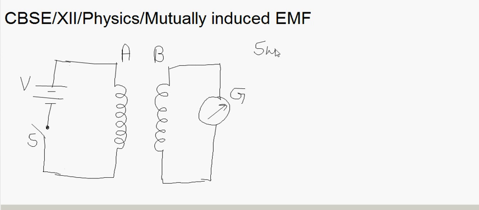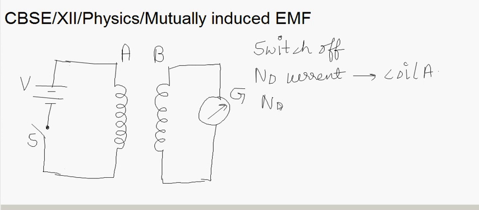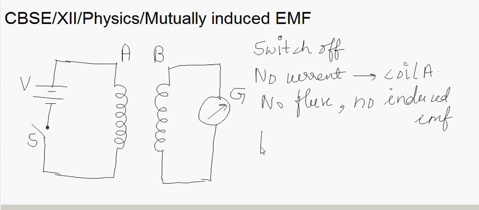So you can write that when the switch is off, no current flows through coil A, no flux, no induced EMF, no current in coil B also, and no galvanometer deflection, or the galvanometer shows zero deflection.